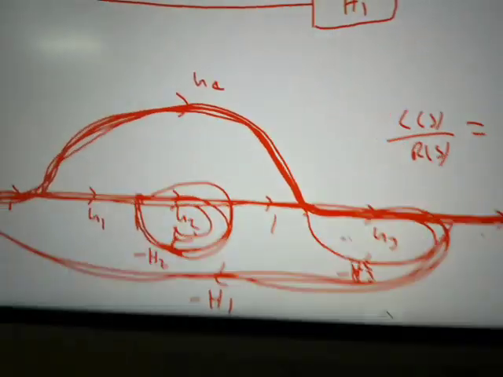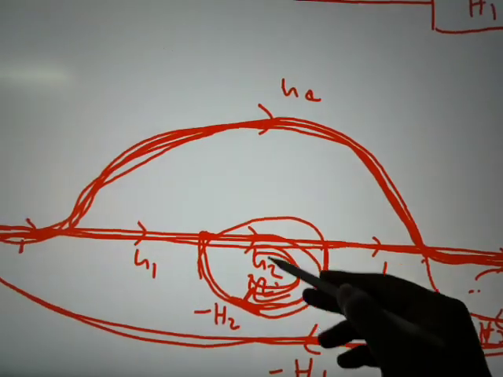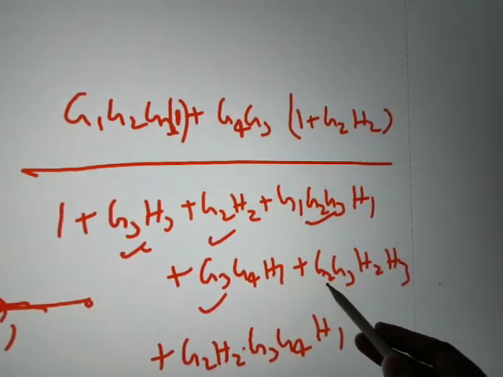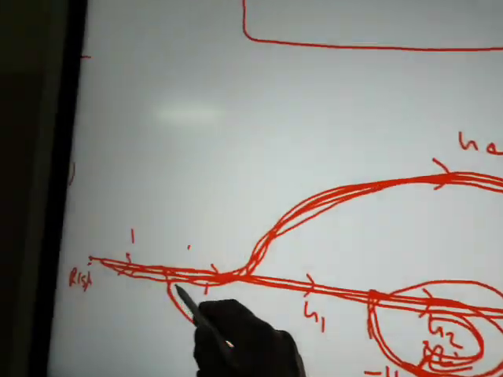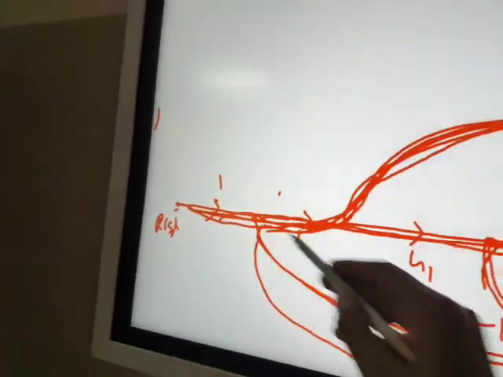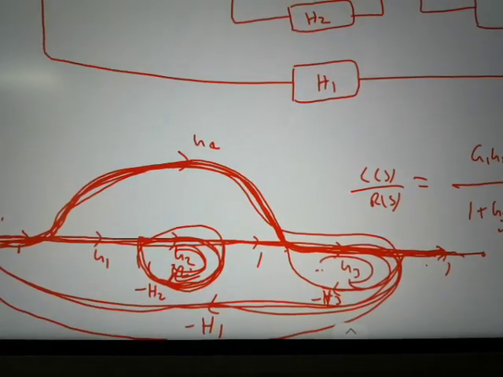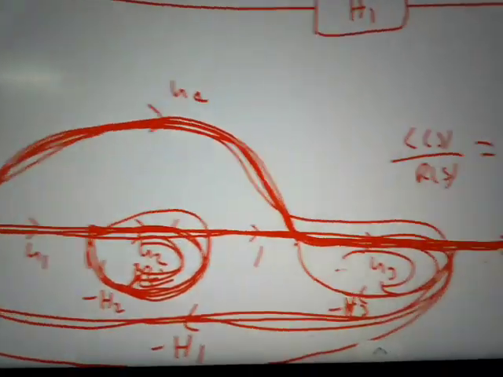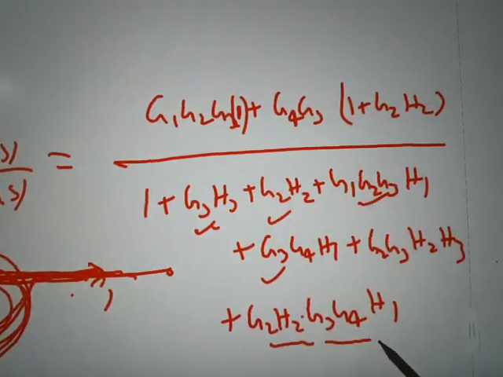Two non-touching loops: one is this loop and this loop, so G2 H2 and G3 H2 H3, so plus G2 G3 H2 H3. Plus another, this outer loop and this loop are non-touching, so G3 G4 H1 and G2 H2, so the product will be G2 H2 into G3 G4 H1.